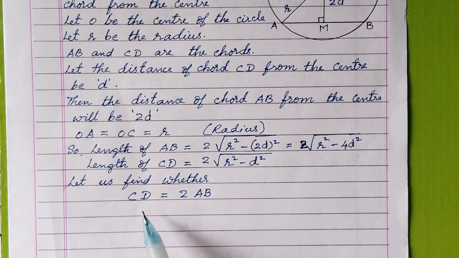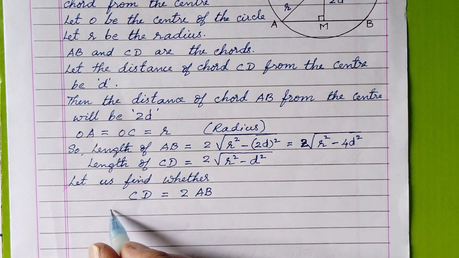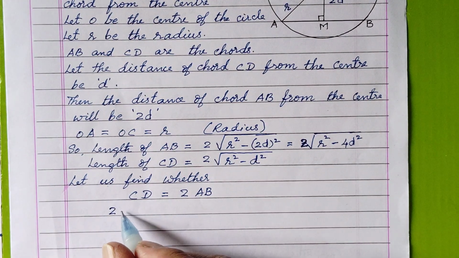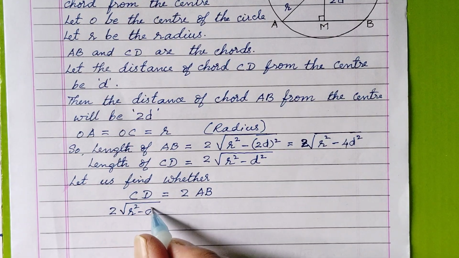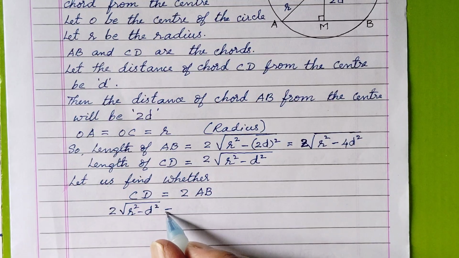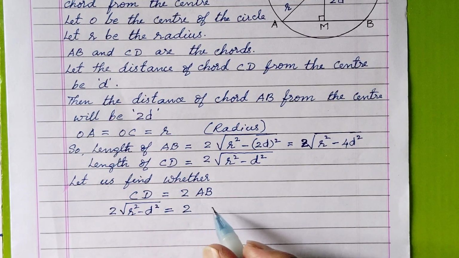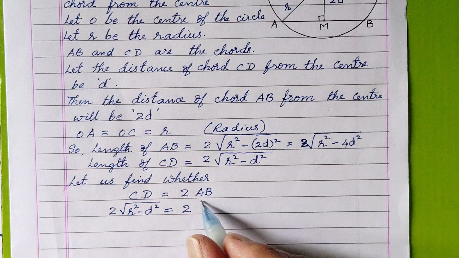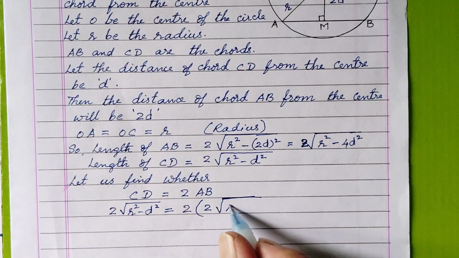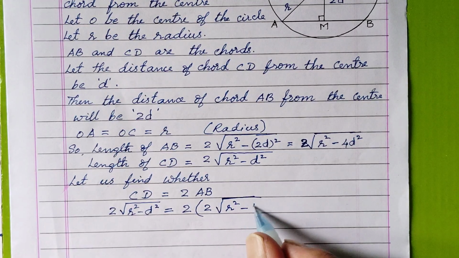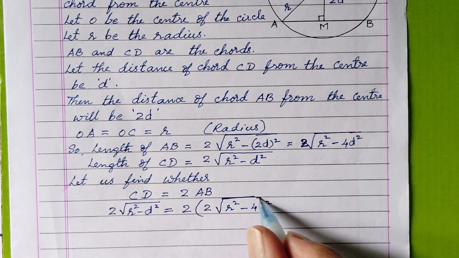So here, what is the length of CD? Length of CD is twice root of R square minus D square. The length of AB is twice of root R square minus 4D square.